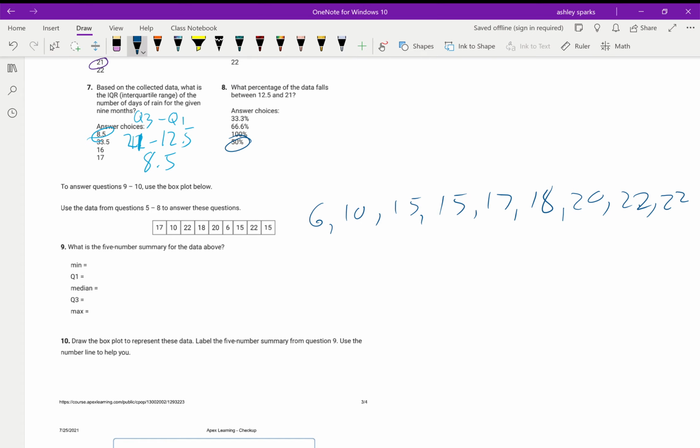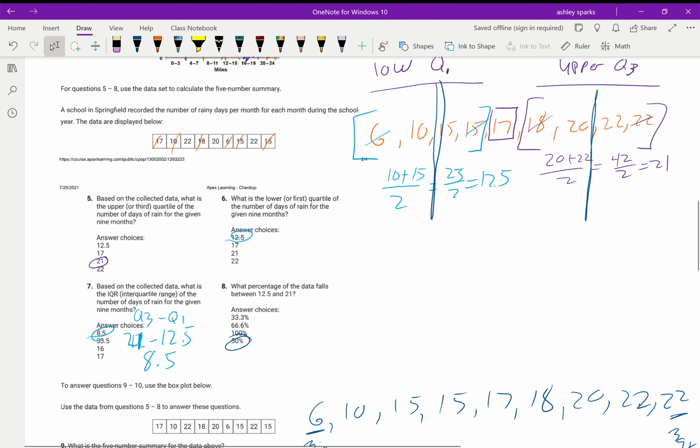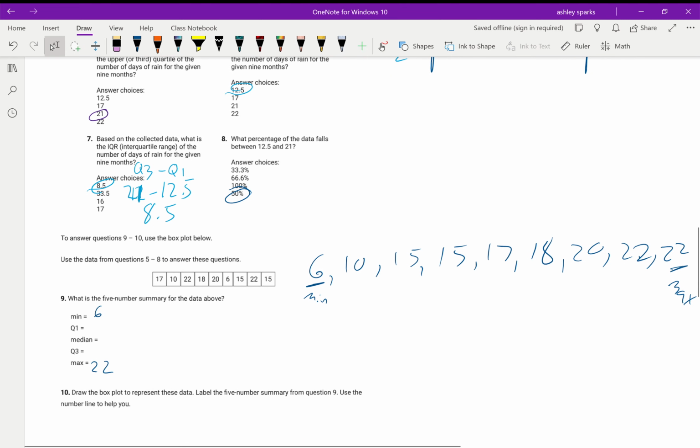Minimum, that's just the smallest number. That's our 6. 6 is our smallest here. Maximum is our biggest number, the one that comes out on top. We already found our Q1 and Q3. That was that upper and lower quartile. So my Q1 here is 12.5.